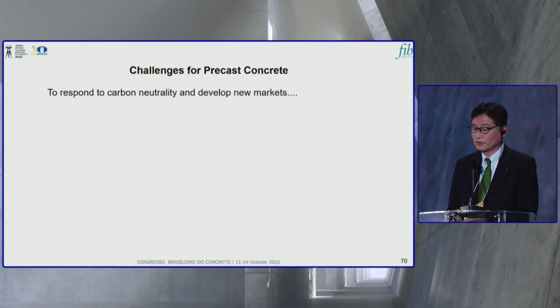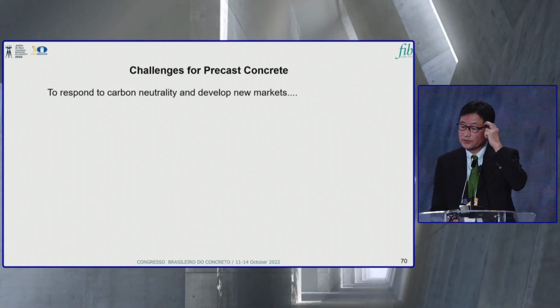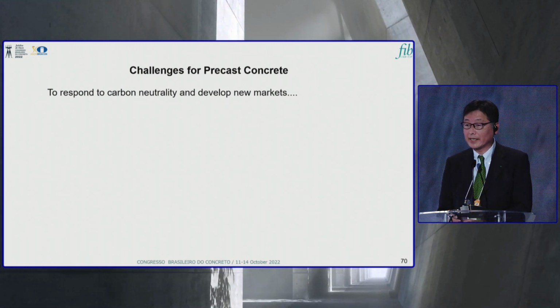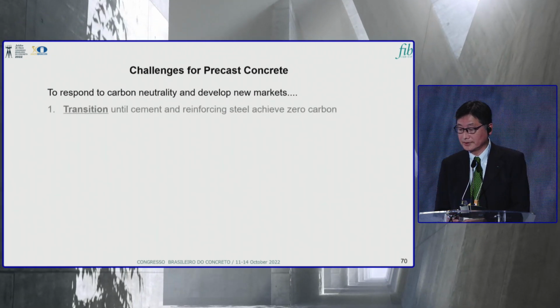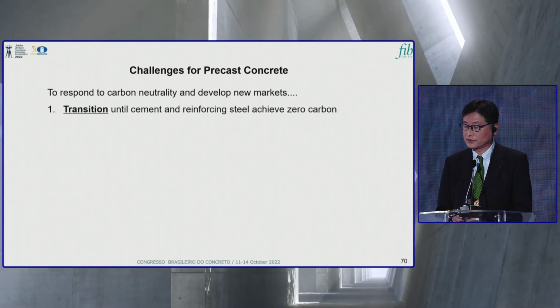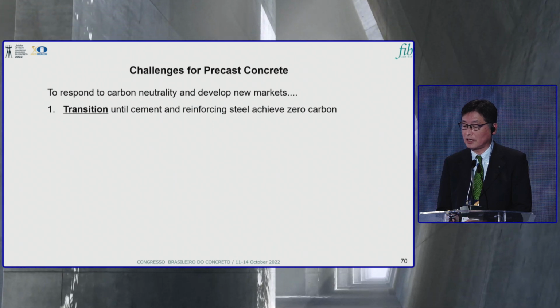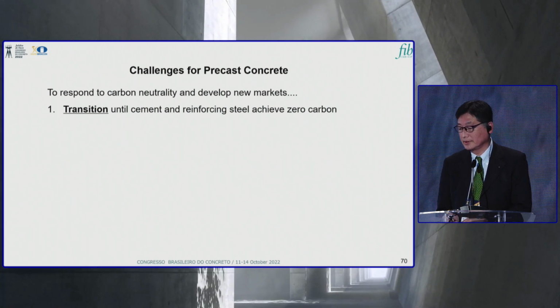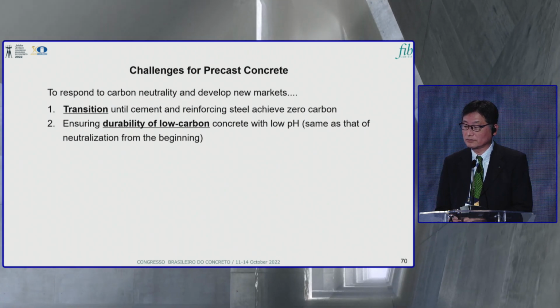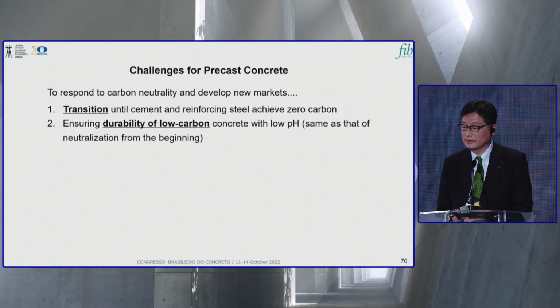Okay, conclusions. To respond to carbon neutrality and develop new markets as precasters, we need a transition until cement and reinforcing steel achieve zero carbon. This is important. And also ensure the durability of low carbon concrete with low pH.